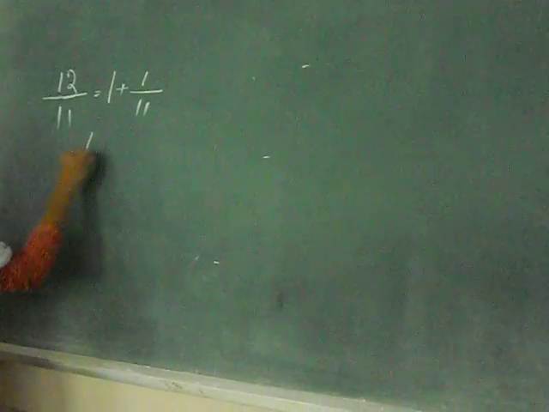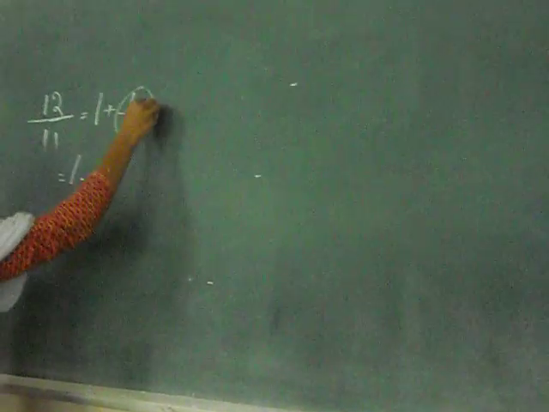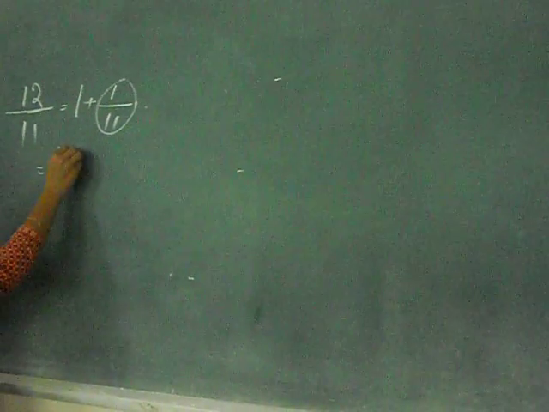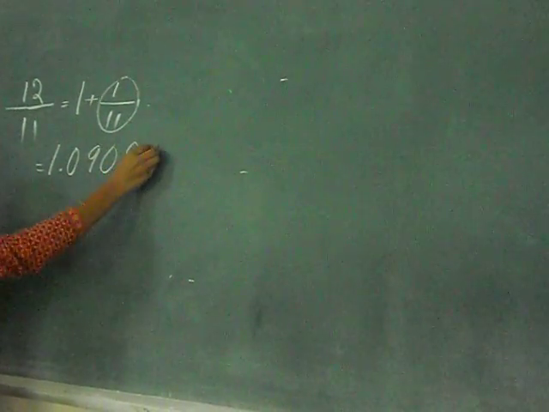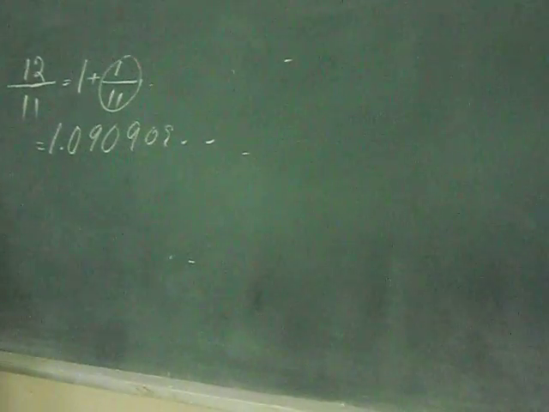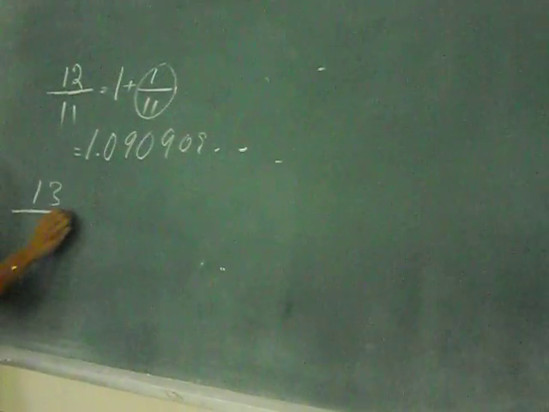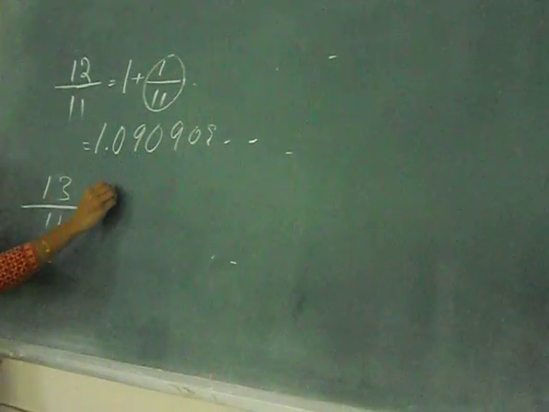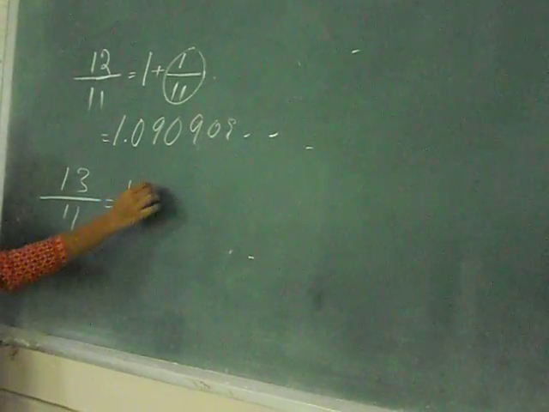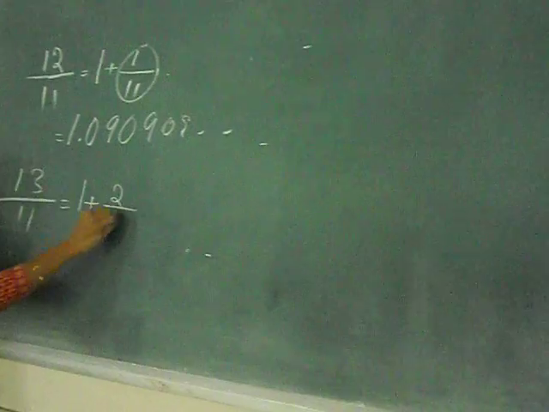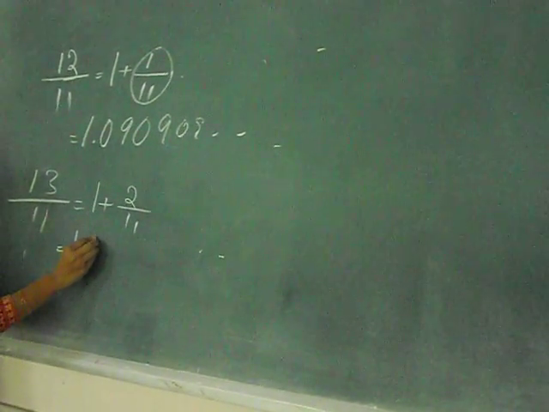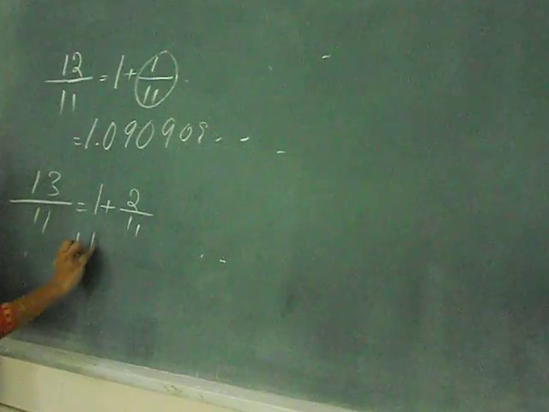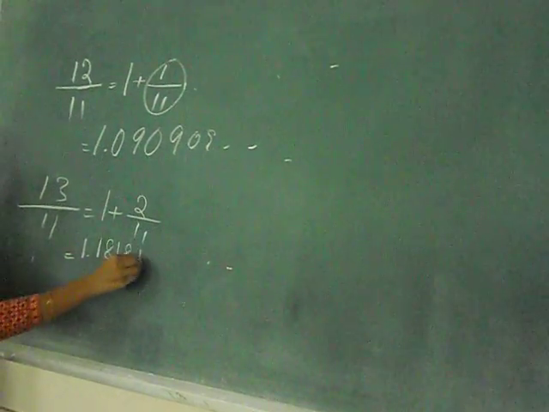So the answer will be 1 point, and the answer of this is as already discussed: 1 minus 1 is 0 and 10 minus 1 is 9, so 0.0909 etc. Another example, 13 by 11 will be equal to 1 plus 2 by 11, which will be equal to 1.2 minus 1 is 1, and 10 minus 2 will be 8, so 1.1818 etc.